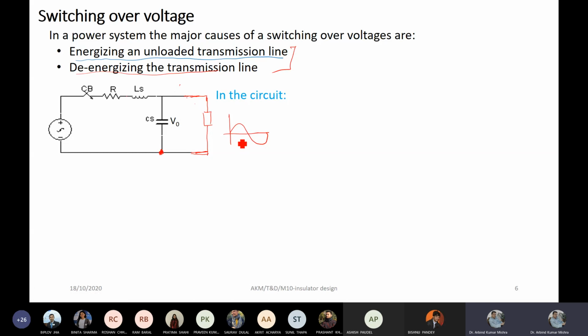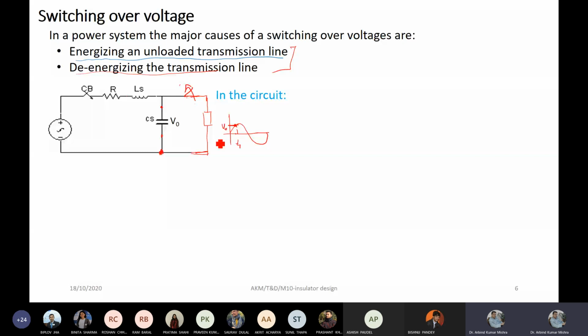At a particular instant of time, the voltage across the load on the sinusoidal wave is this much. At this instant t1, the switch is opened, and this voltage will remain across this capacitor, which we call V naught.